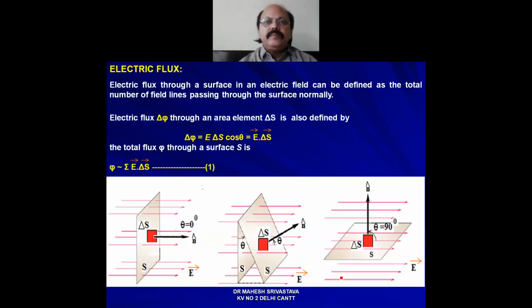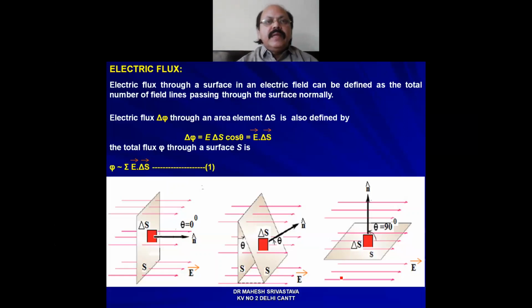I just remind you that you studied in class 11, while deriving the equation of continuity, the volume flux, that is, the number of streamlines of the liquid that pass through an area of a tube per unit time normally and come out through the other end of the tube normally. That is called volume flux.